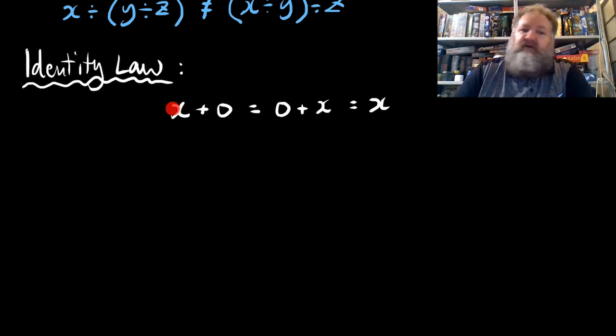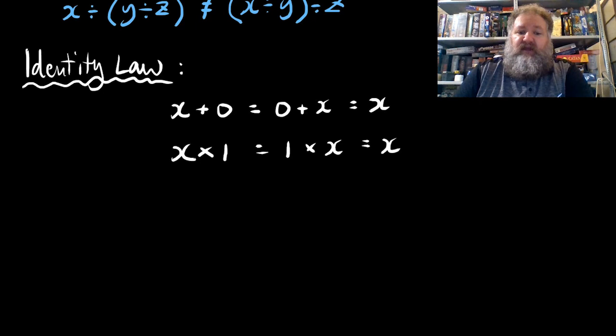So if I've got x and I'm adding a 0, I've really just got x. Adding a 0 doesn't really do anything.